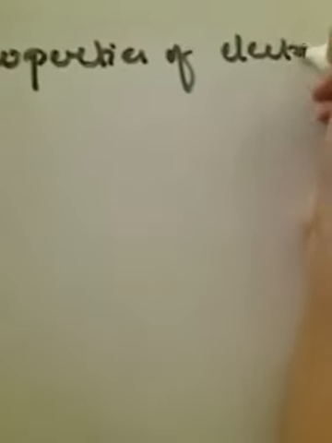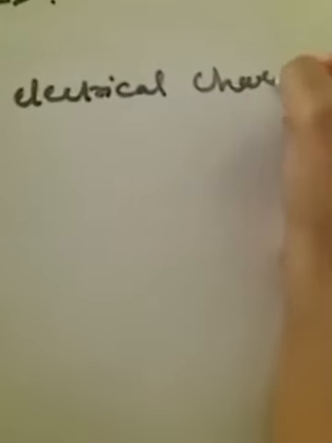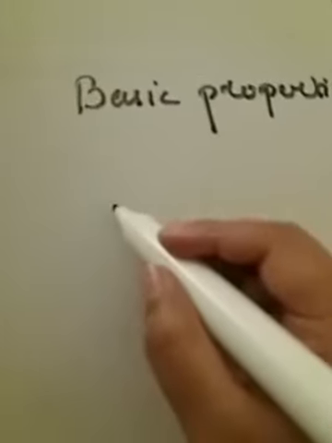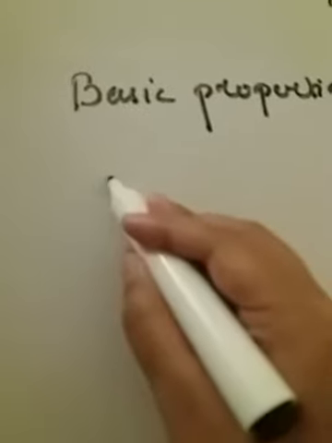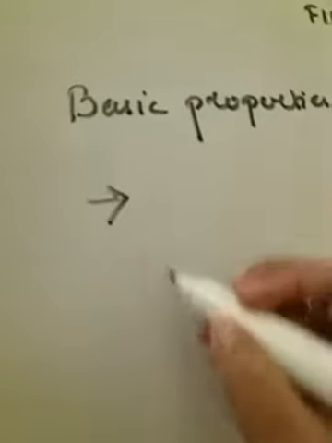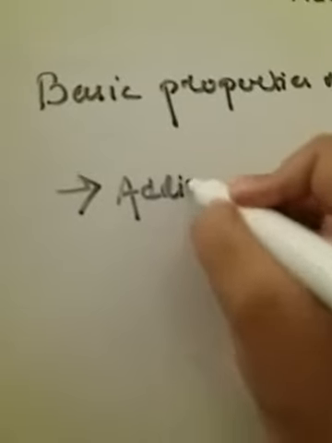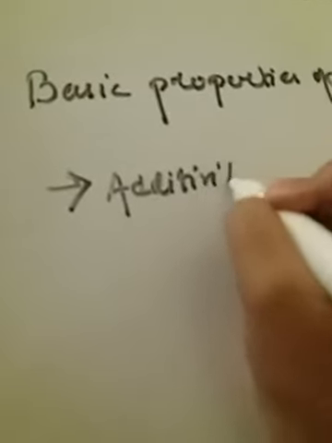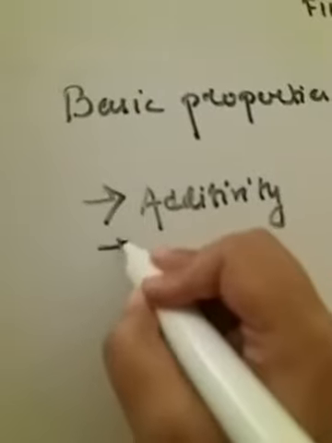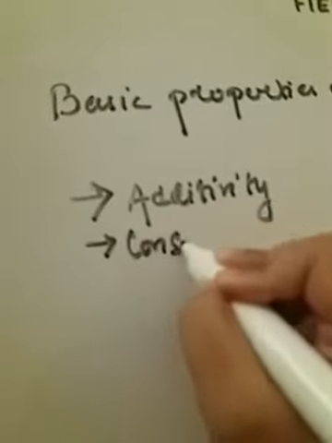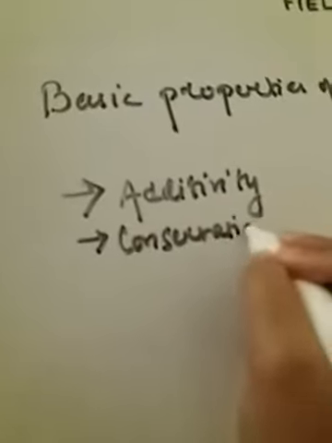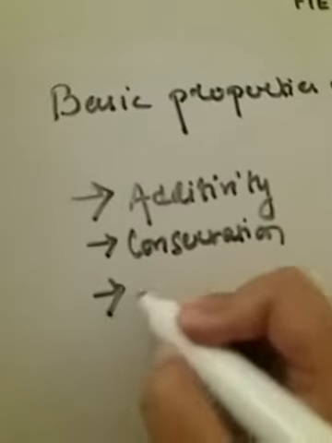Basic properties of electrical charges. As we know, there are commonly three properties: additivity of charge, conservation of charge, and quantization of charge.